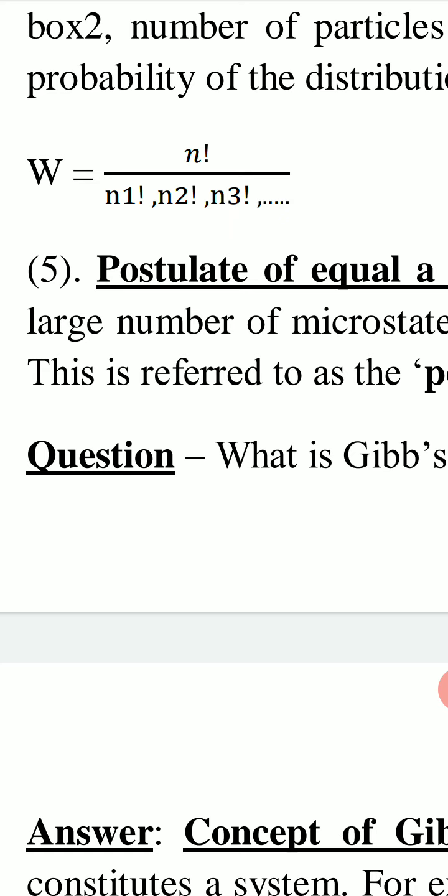In the numerator we have factorial n, the factorial of the total number of particles. In the denominator we have factorial n1, which is the factorial of the number of particles in box 1, then factorial n2, which is the factorial of the number of particles in box 2 and so on.